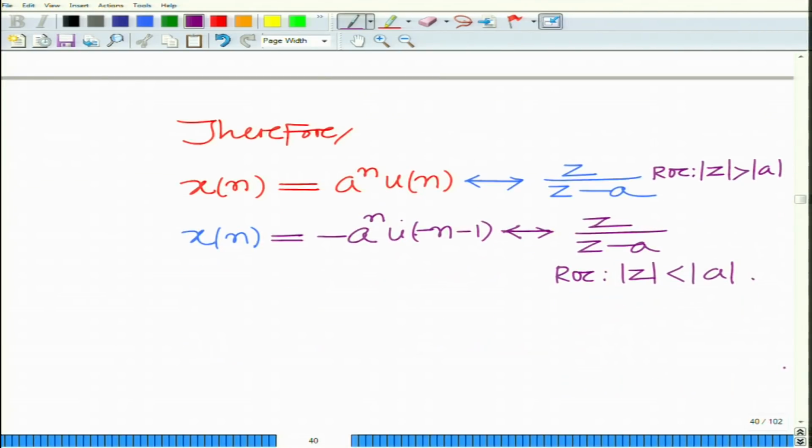So, same z transform, different signals have the same expression for the z transform, but different ROCs.